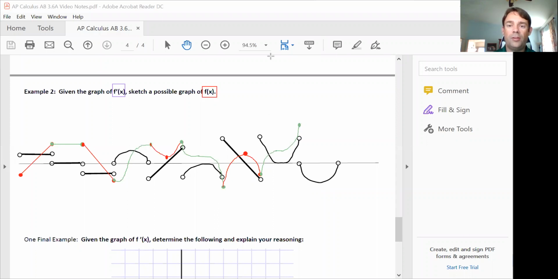Now from there, last piece we've got, I have a flat part because of an x-intercept. So I know I'm going to be at a flat part here. What I've got to figure out then is the other flat part. Is that going to be above it or below it? We'll look at the graph. It's below the x-axis. If it's below the x-axis, that means it had to decrease.